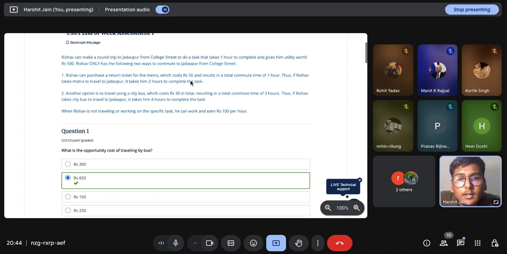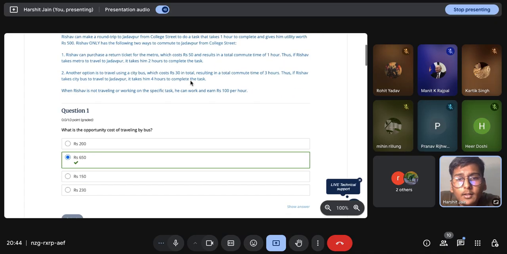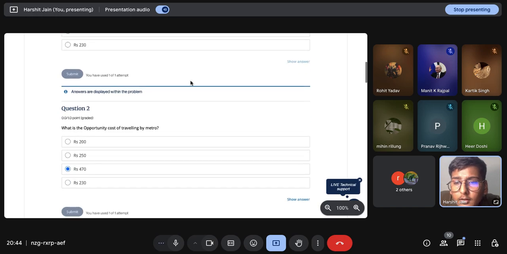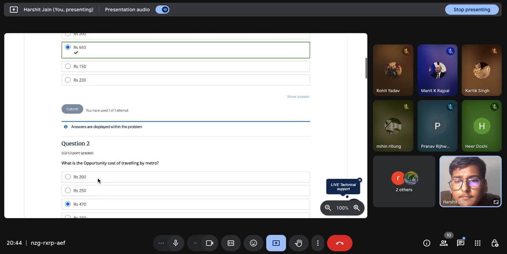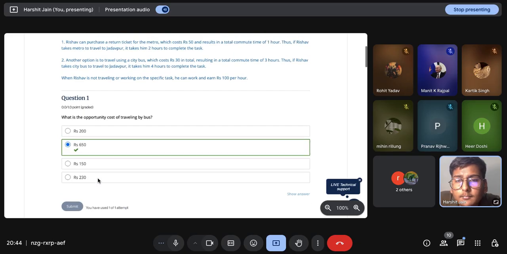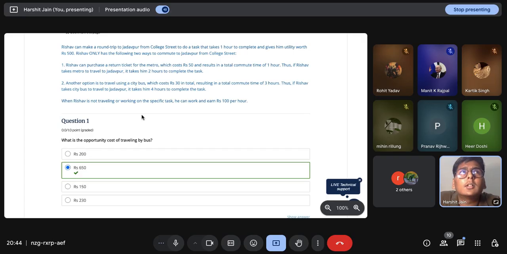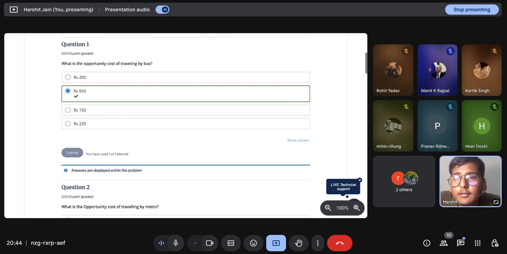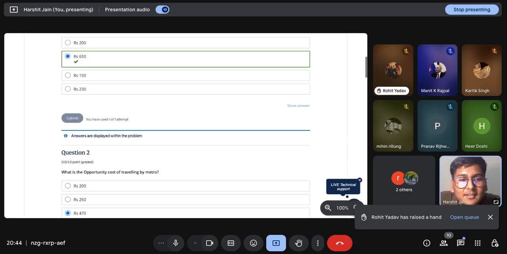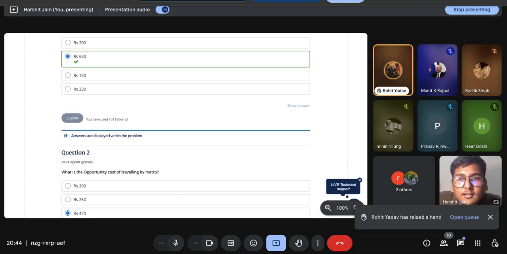So first of all, he won't be able to earn those 200 rupees.